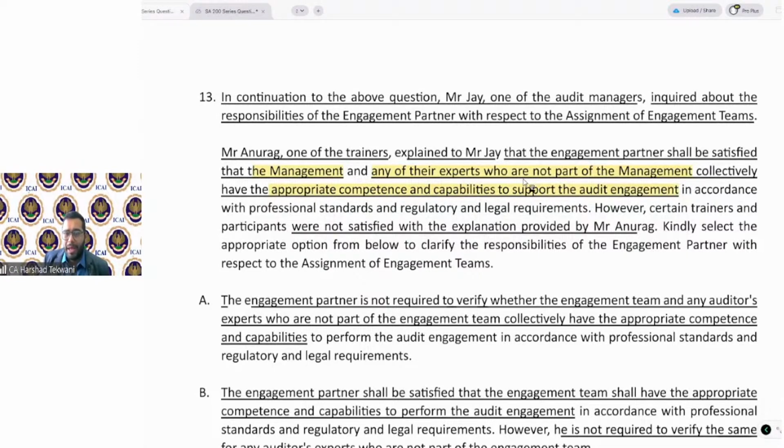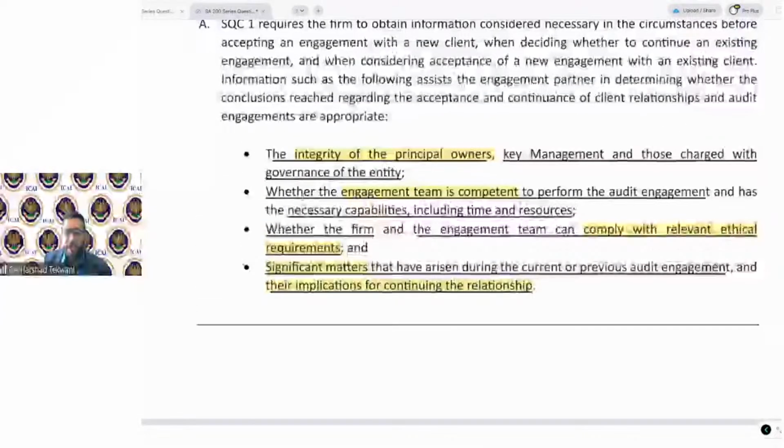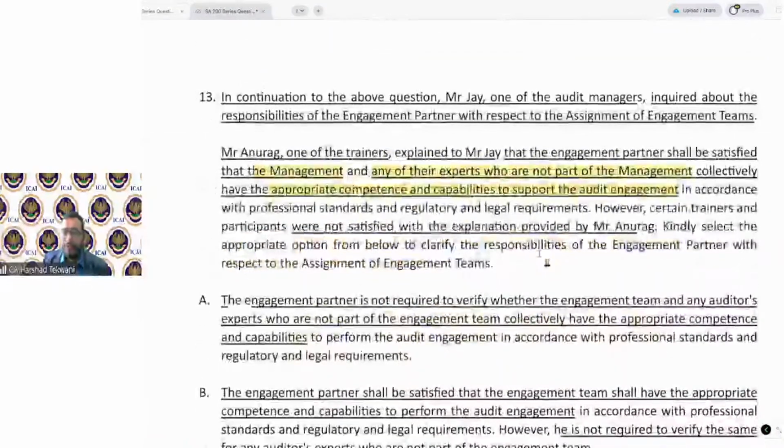When I talk about engagement partner, what he is required to do is he is required to understand whether the engagement team is competent to perform the audit engagement or not, whether they have the necessary skills and resources, not the management. Okay, so management, whether they have the appropriate capabilities and competencies to support the audit engagement, it's not relevant for me.